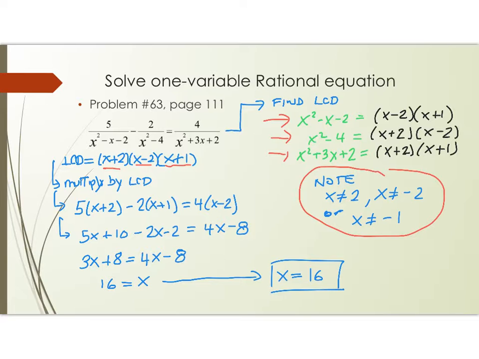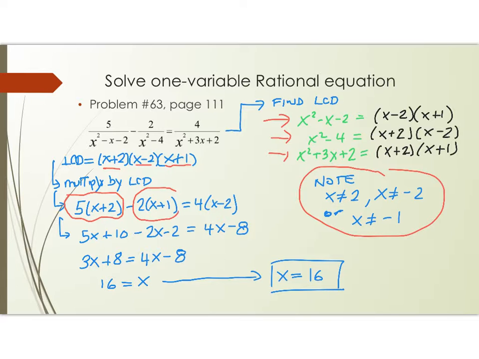So in the case of 5 over x squared minus x minus 2, the two factors that'll cancel out are x minus 2 and x plus 1. So I'm just left with x plus 2. So I'm left with 5 times x plus 2. Now when I multiply the LCD by the next term, a negative 2 over x squared minus 4, I know that I'm left with just x plus 1.